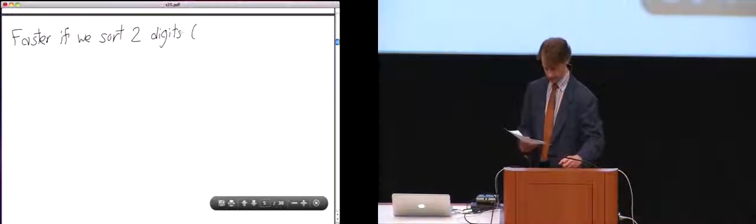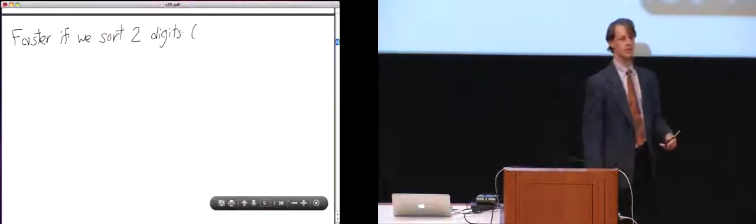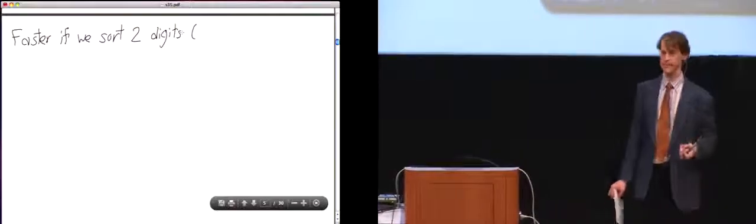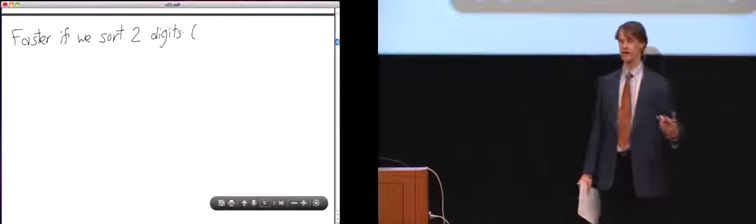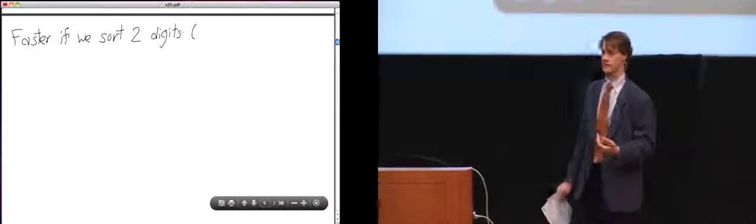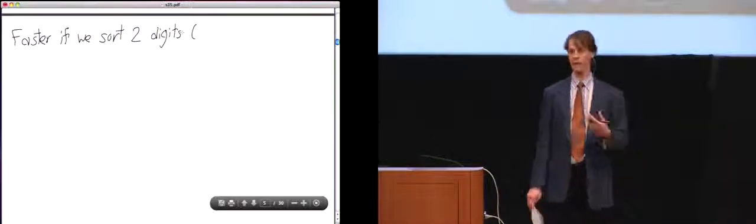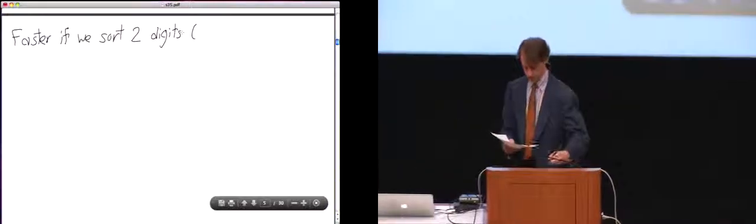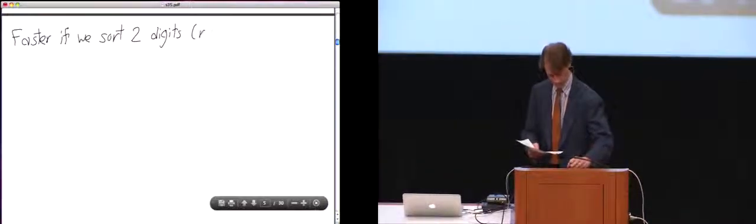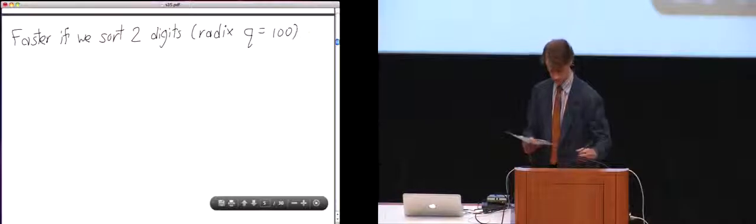So if we sort 2 digits at a time, another way to think of that is imagine you don't express the numbers as base 10 numbers. Imagine you express them as base 100 numbers. So instead of 8 digits from 0 to 9, now we have 4 digits from 0 to 99. In other words, we think of it as a base 100 number, or we set our radix, the number of buckets, to 100.